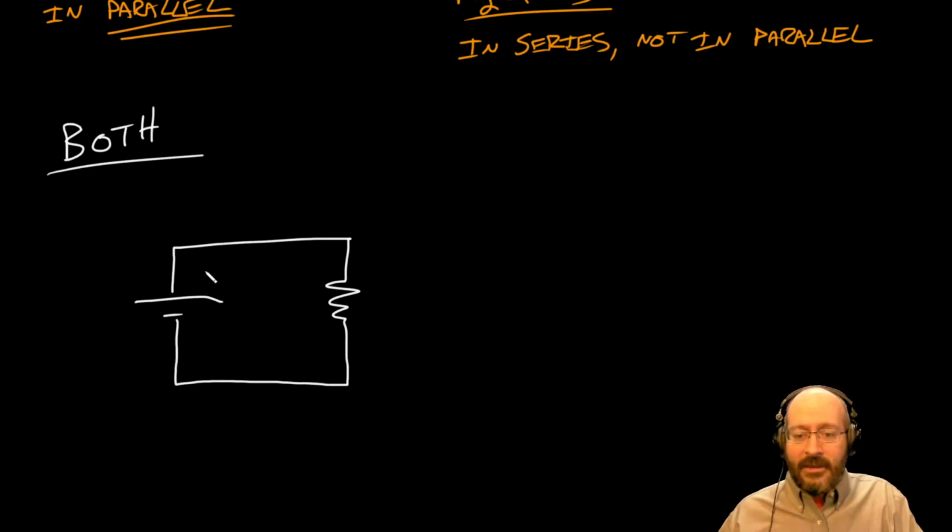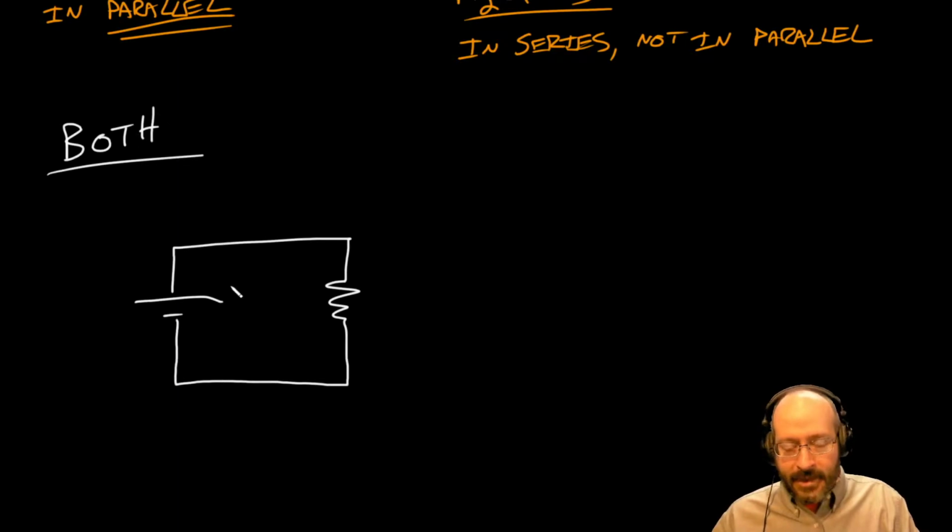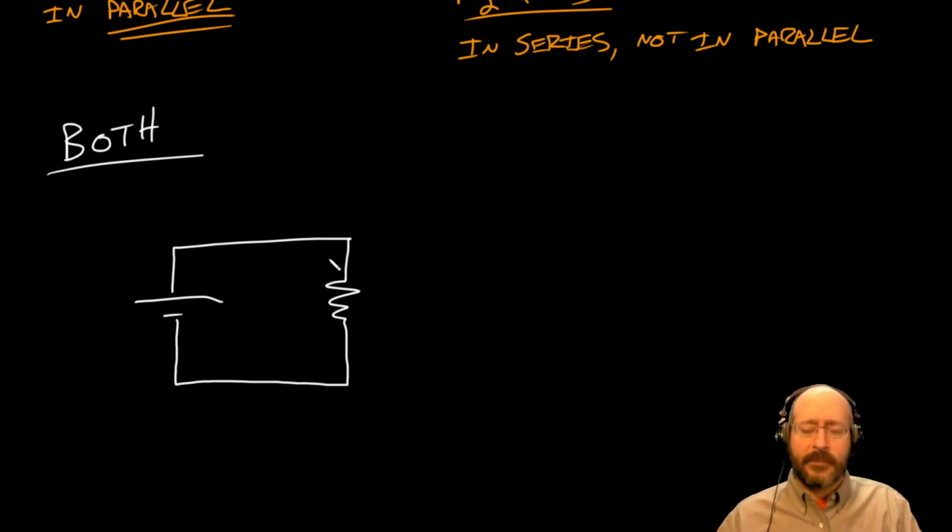Let's consider the nodes. There's only two nodes, right? There's a node on the top, and there's a node on the bottom. Are they in series? Do they share a node exclusively? Yeah, they share a node exclusively. In fact, they share both nodes exclusively, which makes this configuration so unique. If I put current in here, it's going to flow up, and it's got to end up going through the resistor.